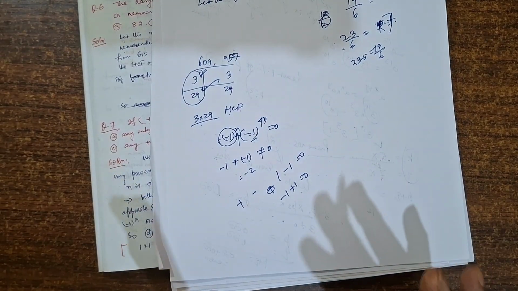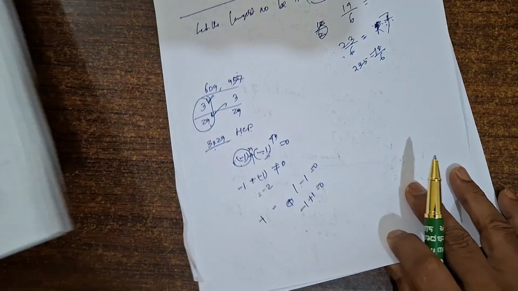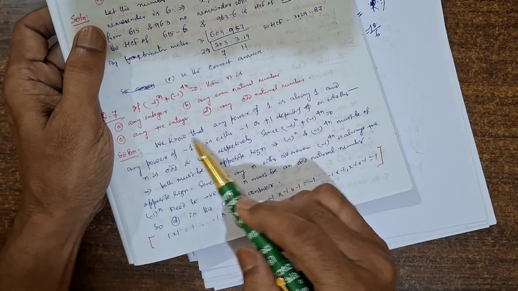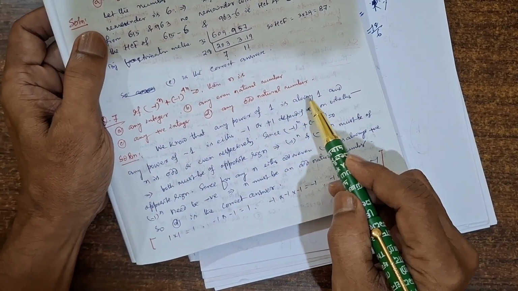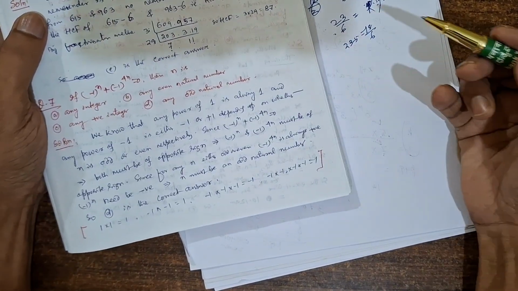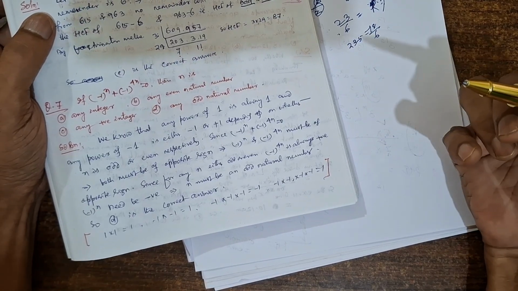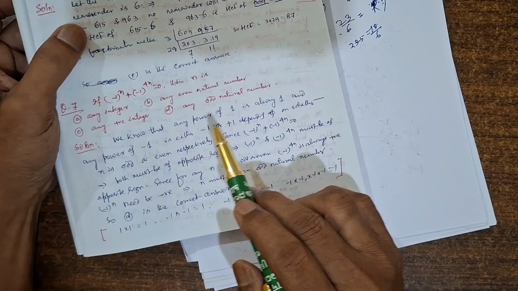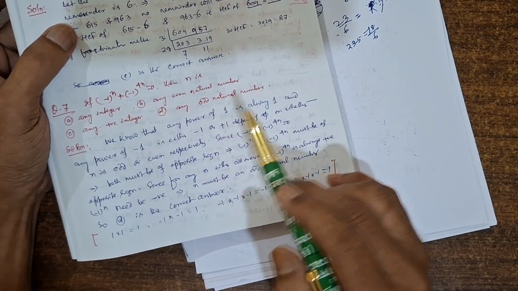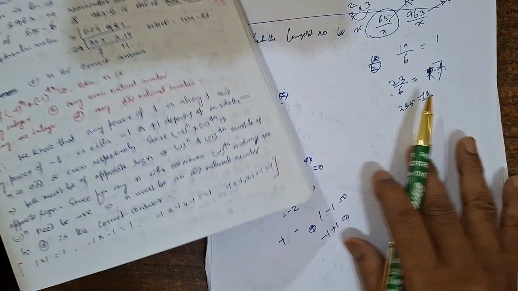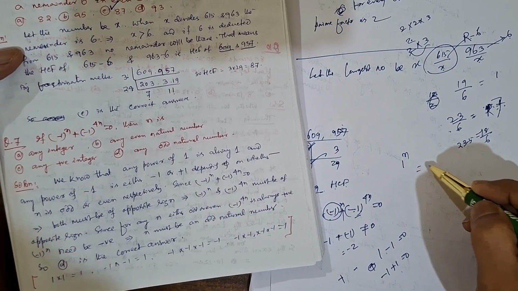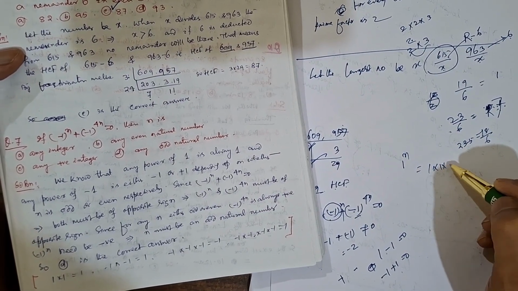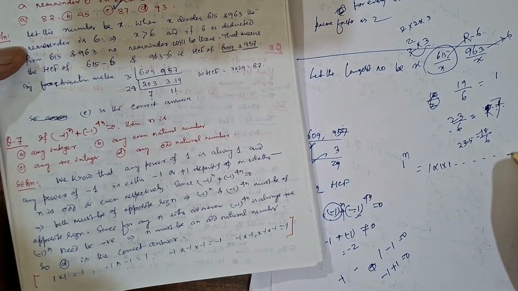We know that any power of 1 is always 1, because 1 to the power n means you multiply 1 as many times, and the result is always 1.